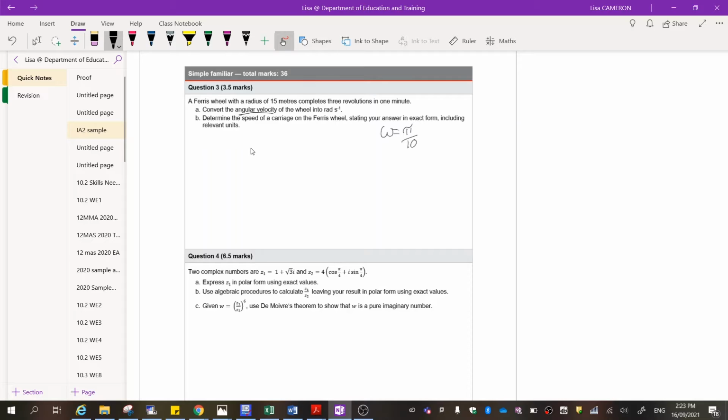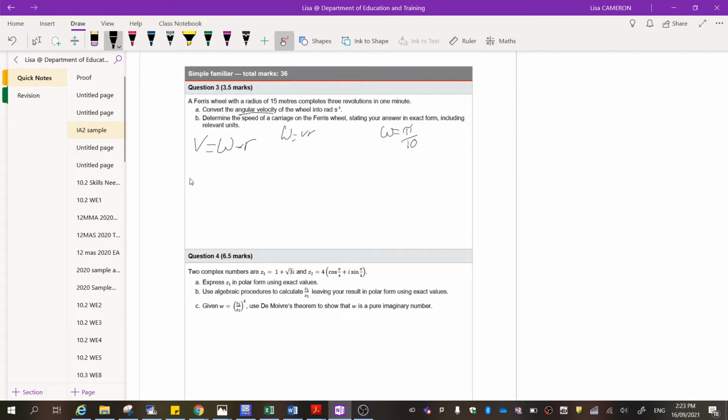So you're going to use the formula from the specialist formula book that you find, and there's a formula in there that states V is equal to W times by R. Now, I'm fairly sure you do have to rearrange to get that formula. I'm pretty sure it's in the formula of W equals V on R, but I'm not 100% sure. But yeah, so that's the formula you'll be using for this one.